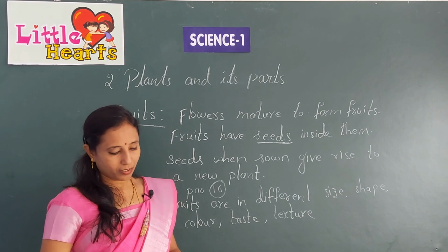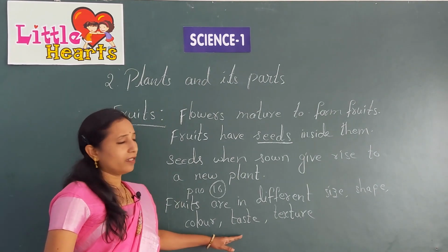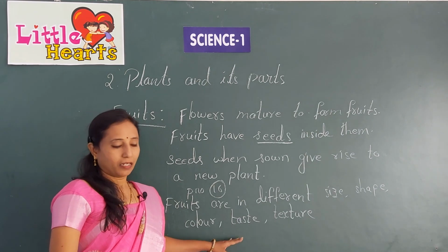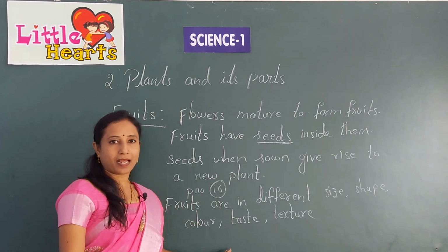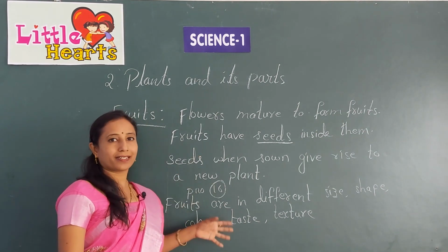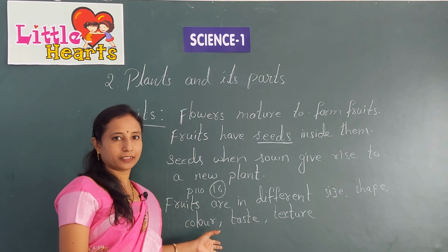Okay. So this is all about the parts of the plant. In today's class we have learnt about the different parts of the plants, what are its uses, what are the functions, and how they help the plant.